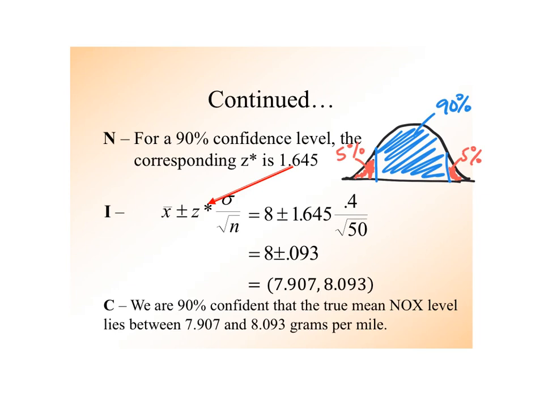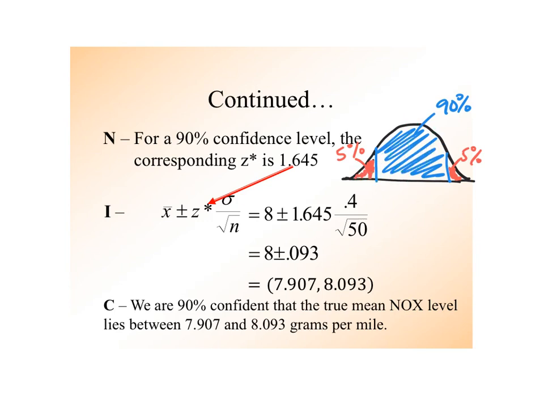Okay. So in actuality, what we're looking for is not 90%. We're looking for the percent of the tail. So what's the percent of this tail? 5%. So we're looking for a 90% confidence interval, which is this blue area.